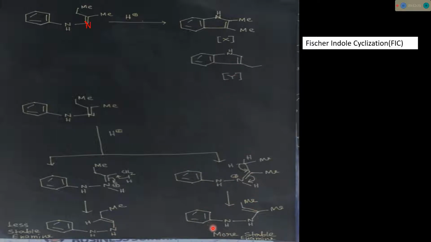If this more stable hydrazine, because here the alkene part is more substituted, is subjected to cyclization, then we will get this X indole. If the less stable hydrazine undergoes cyclization, we get Y indole; if the more stable hydrazine undergoes further cyclization, we get this X indole.